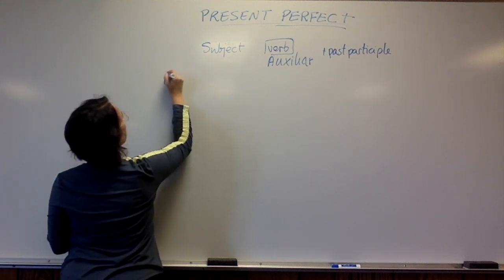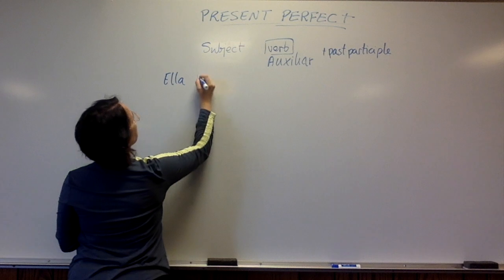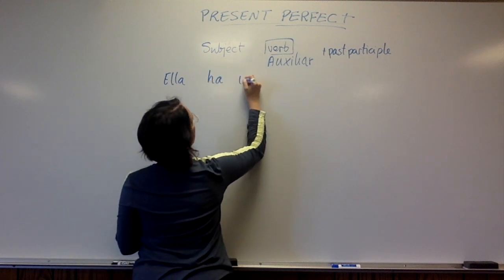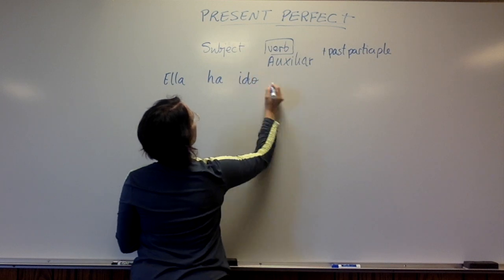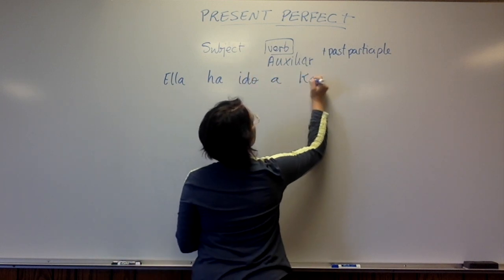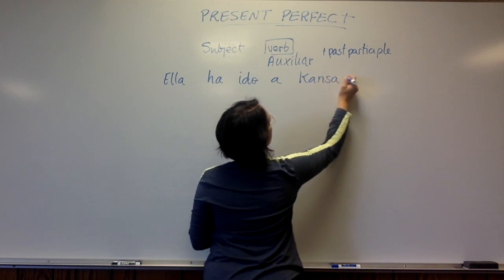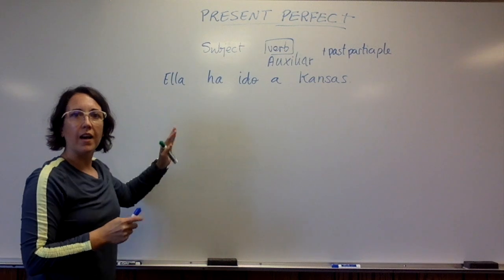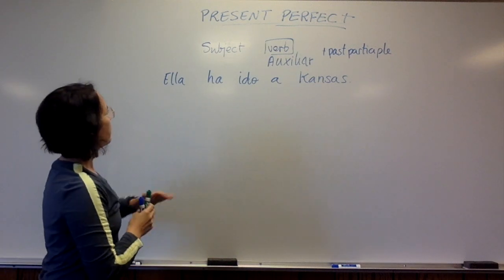Ella ha ido a Kansas. So we have the sentence, ella ha ido a Kansas.